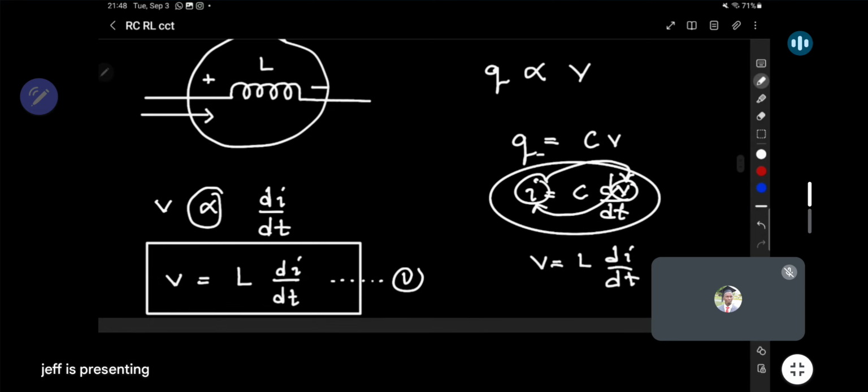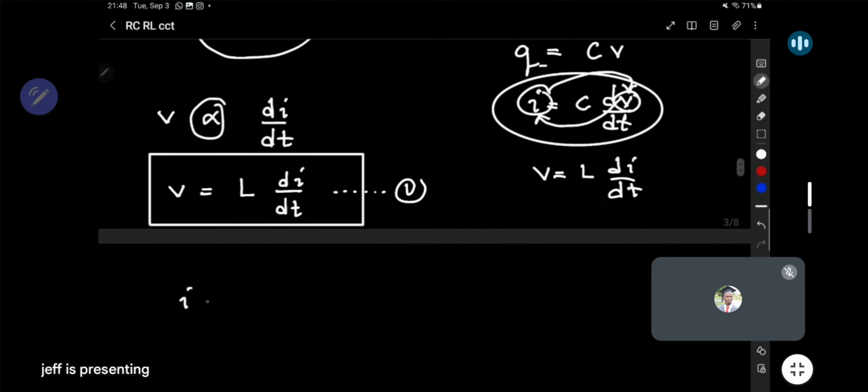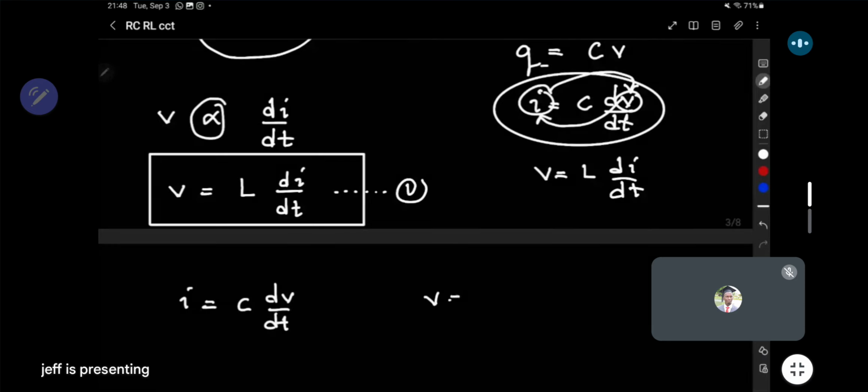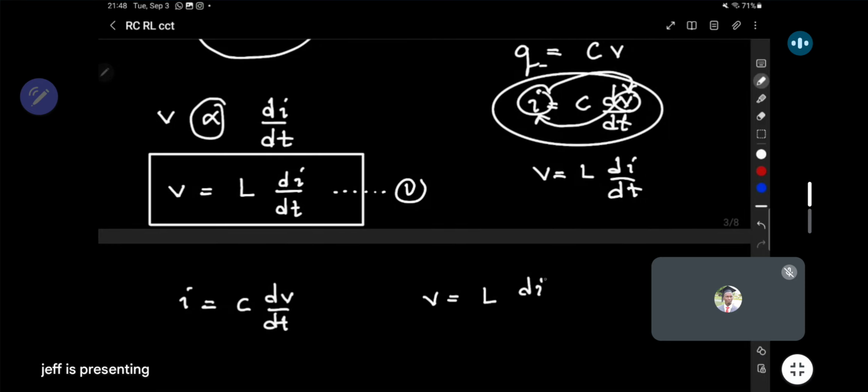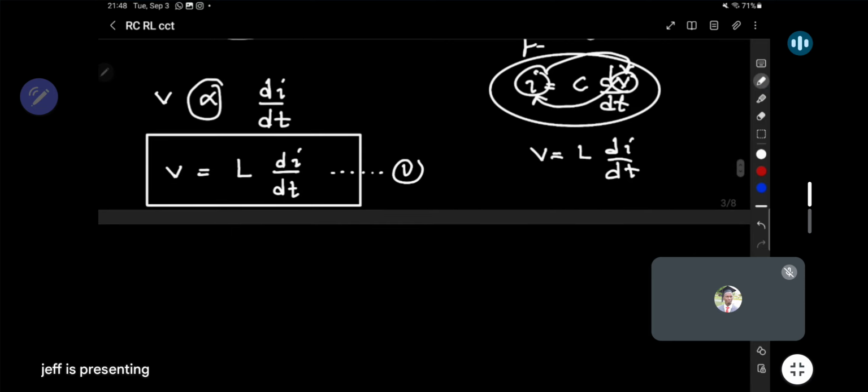For a capacitor, the current coming from the capacitor is C dV dt. For an inductor, the voltage will be equal to the inductance times di dt. So find a way of relating them. It makes it easy for you to remember these formulas. Otherwise, they can be easy to forget. And once you have this expression for voltage, it becomes easy to get the current, because again, just make I the subject.